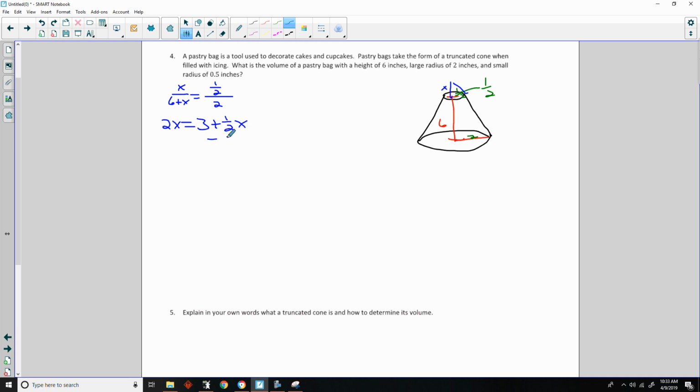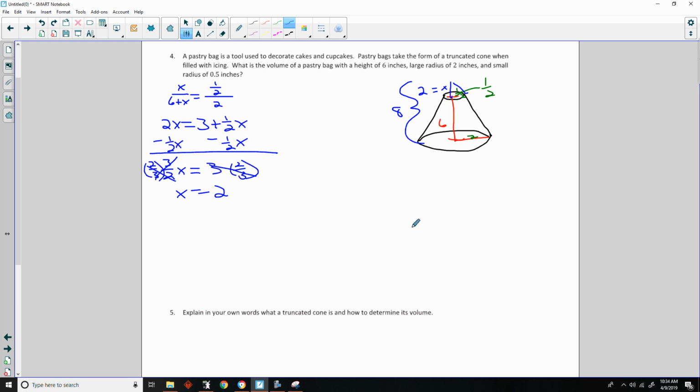Subtract 1/2 x from both sides, and I get 1 and 1/2, or 3/2 x equals 3. Multiply both sides by 2/3 and we find our x. These cancel. X equals 2. So this piece up here is 2. So that means the whole thing is 8.